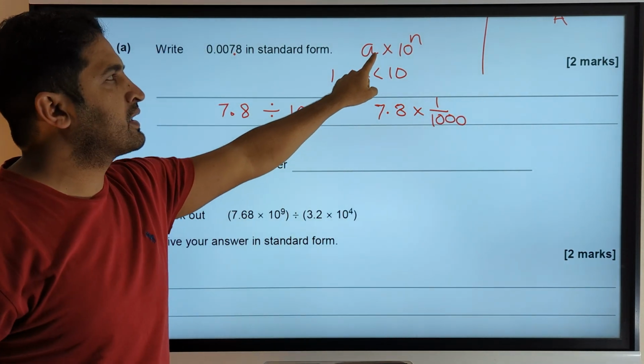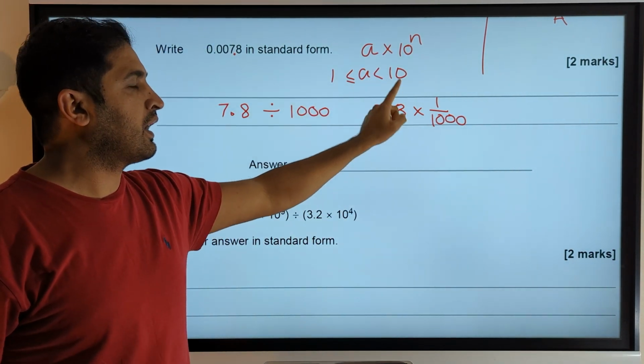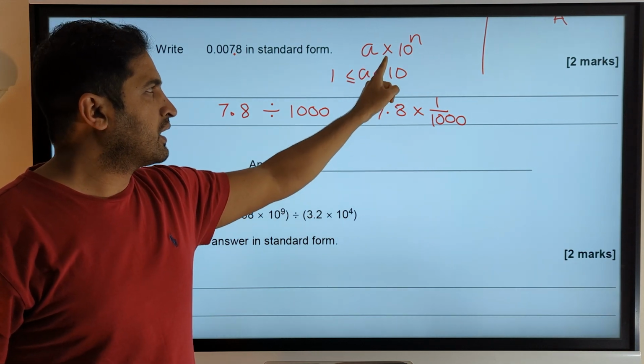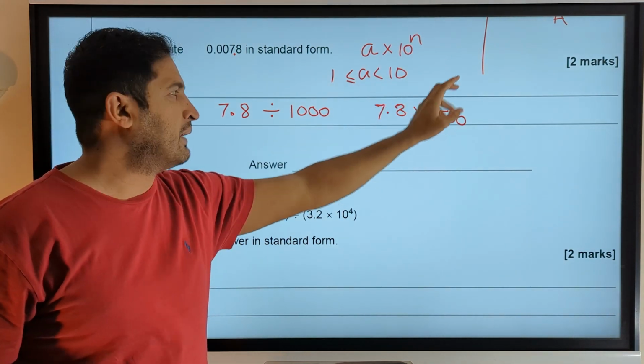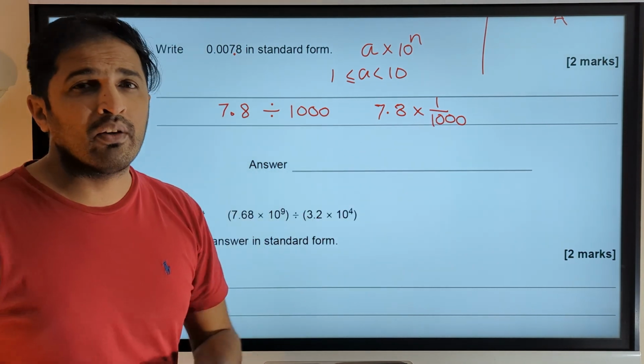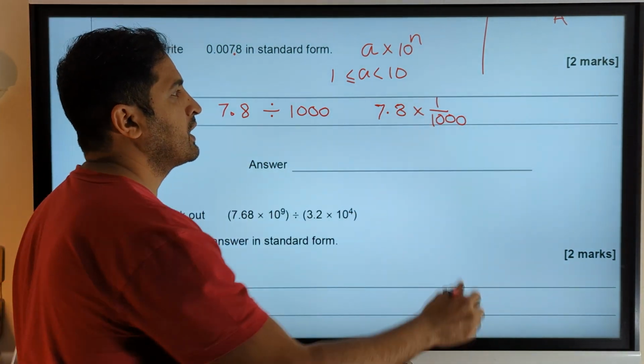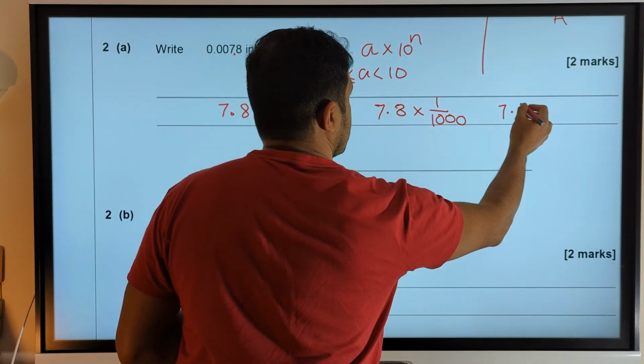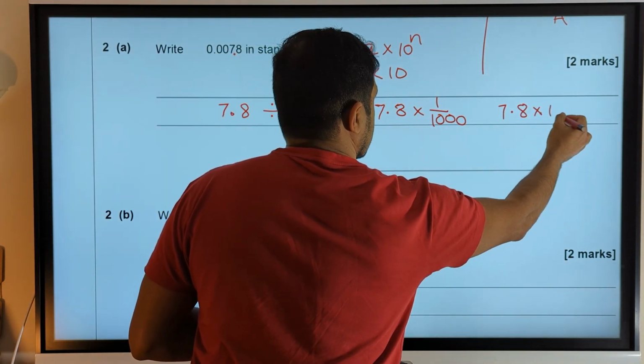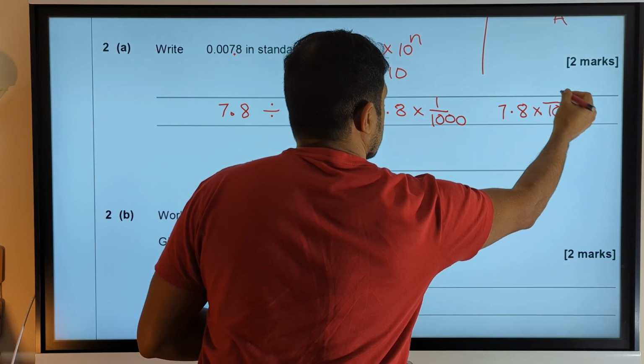Because again, if it's standard form, I need to write that as multiplication by 10 to some power. Now 1 over 1000, we can write as 1 over 10 to the power 3. So we can write that down as 7.8 times 1 over 10 cubed.